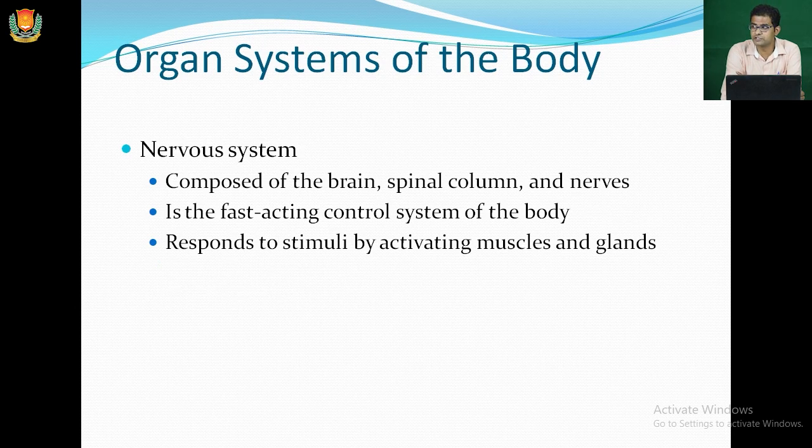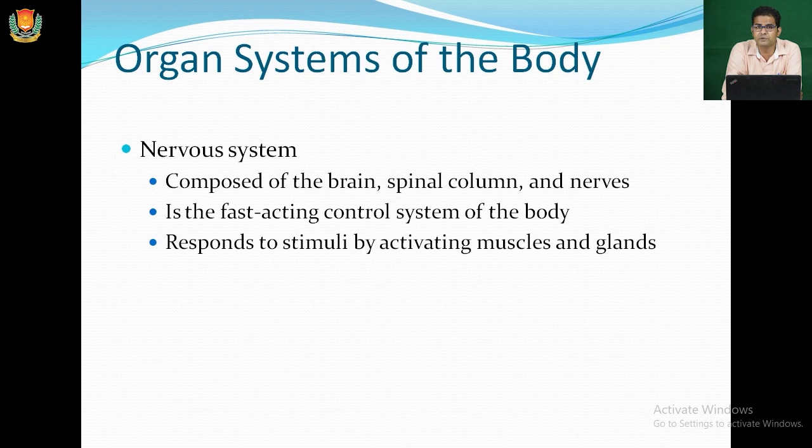Next is the nervous system. See, the nervous system is made up of neurons, the brain, and the spinal cord. We can also say the central nervous system includes the brain as well as the spinal cord, and the peripheral nervous system includes all the nerves apart from the brain and spinal cord, or which originate from the brain and spinal cord. So it is a fast acting control system of the body.